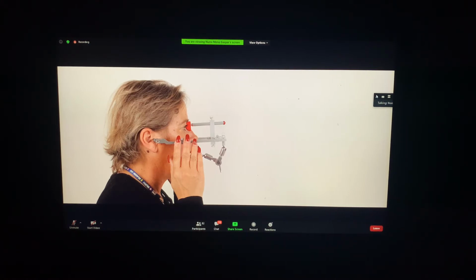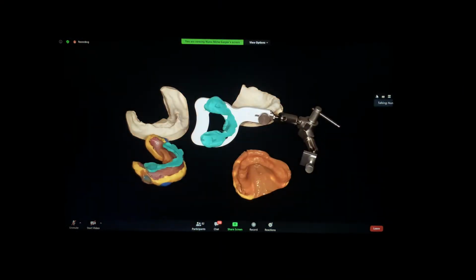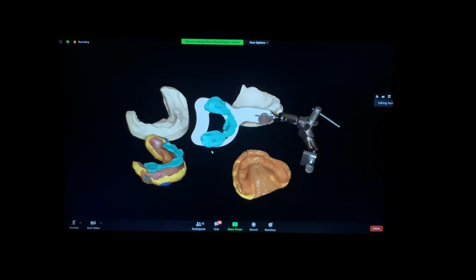Okay. And I send all this to my lab. So my custom trays with a triple impression and my arch. I sent everything I took impressions of, from the custom trays to the full-arch impression trays and the poured upper and lower models, to the lab.